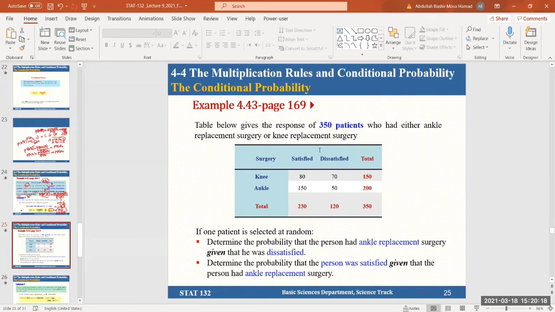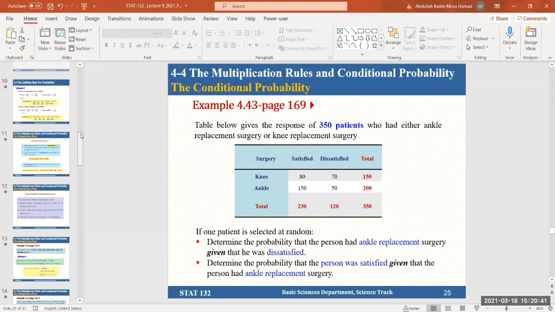Now we are moving to the same example as before. The earlier example was about student grades, male and female. The question was to find the probability of male or C, female or D. Now we are asking about conditional probability. Conditional probability can come in the same questions.